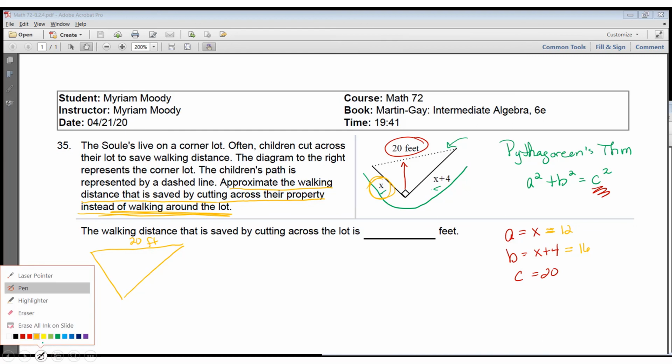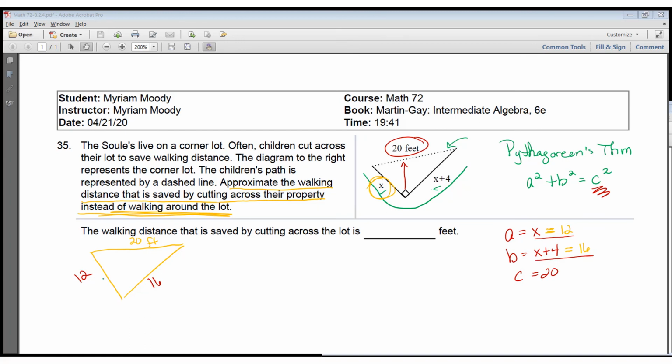Now notice the x side is 12. The x plus 4 side is 16. If the children walked around the property, that means they would be walking 28 feet. Agreed? But if they cut across the property, they're only walking 20 feet, right?